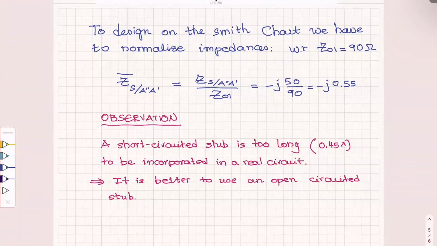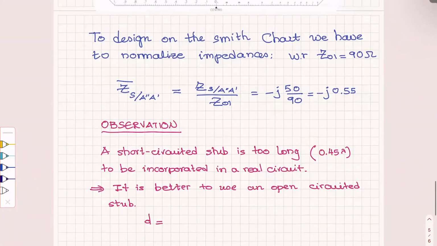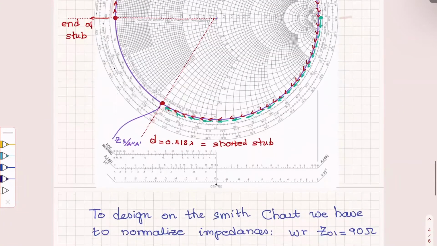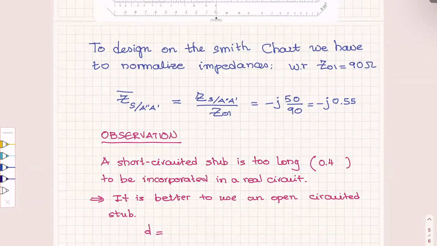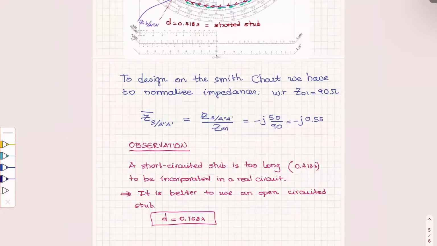And in this case, what we would have is that D for the stub, if we remove 0.25 from 0.418, it's 0.418 minus 0.25. 0.418 minus what? It's 0.168 lambda, which is very reasonable. That's how you would solve this problem.